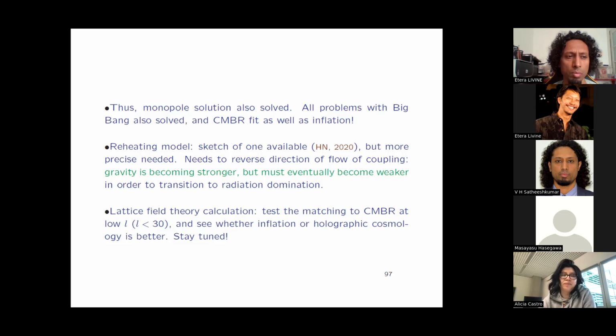So it seems that at least naive supersymmetric models, like N equals 4 supersymmetric models, for instance, do not fit the CMBR data. The CMBR data has more scalars than fermions.